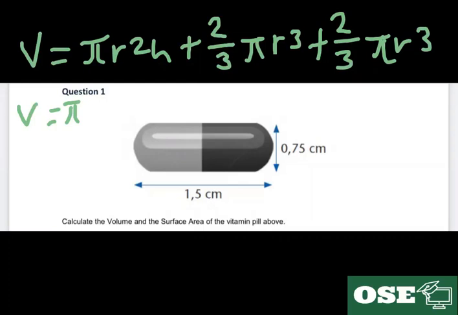What are we talking about? Oh, radius. It's 0.375. Height. 0.75.